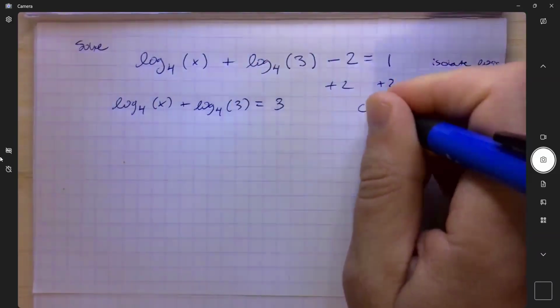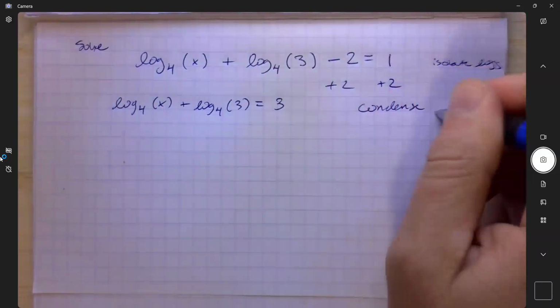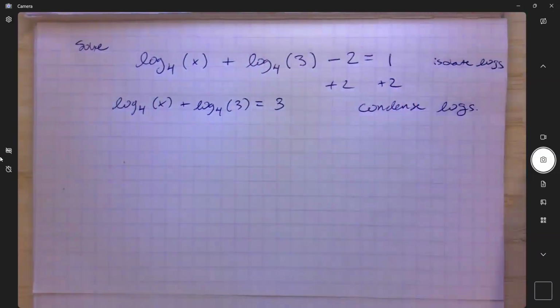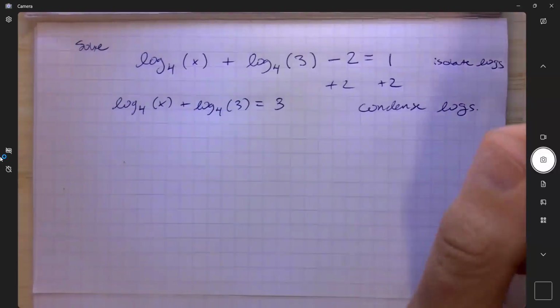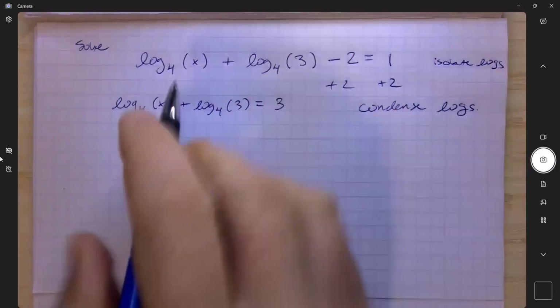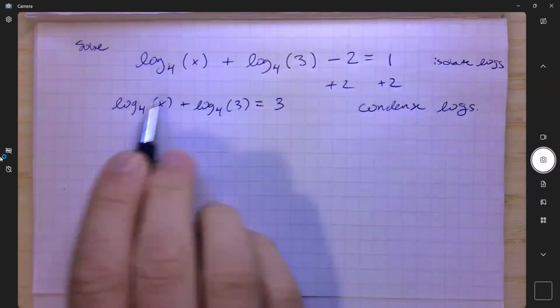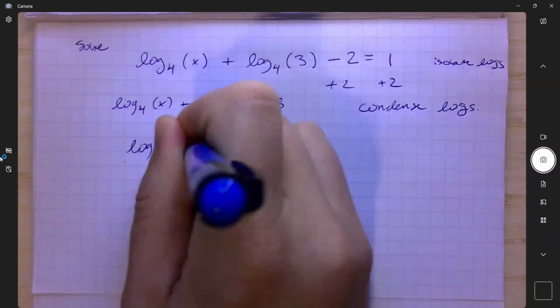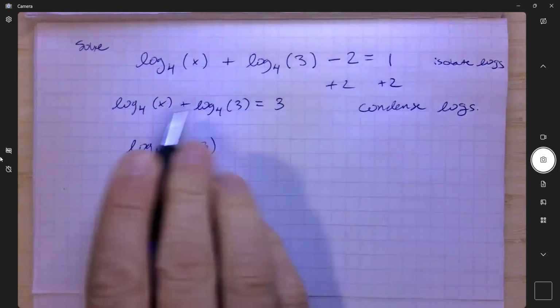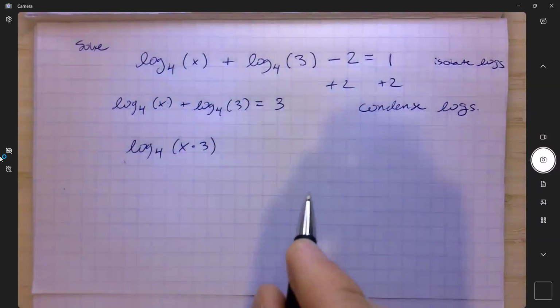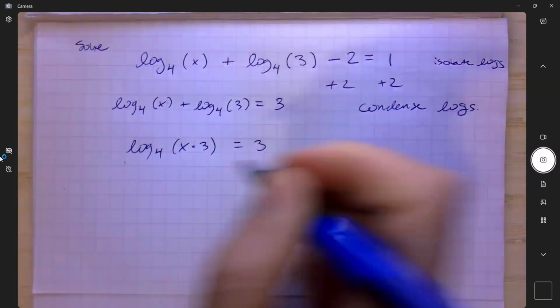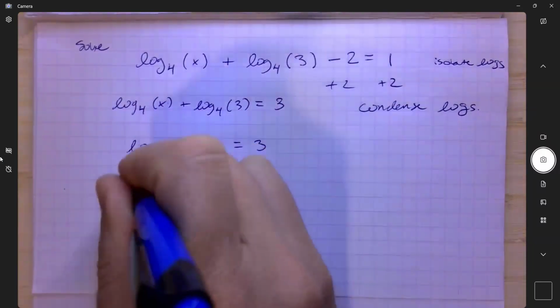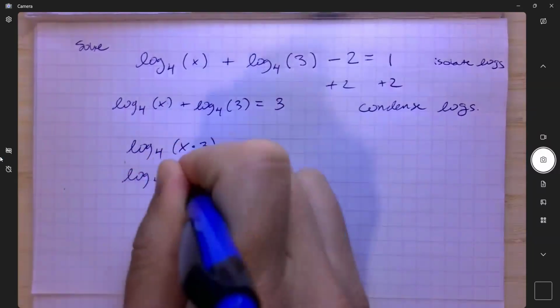Now I have to condense or combine the logs into a single logarithm. Using my log rules, when I have 2 logs added together, I can write that as the product of what's inside the logs. And usually if I have an x times 3, I'm going to write it as 3x.